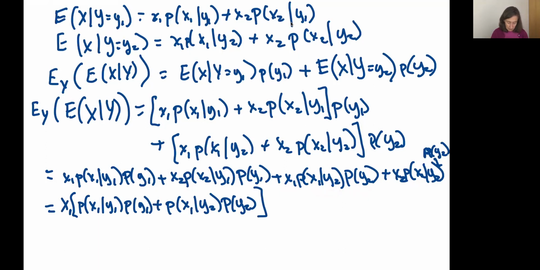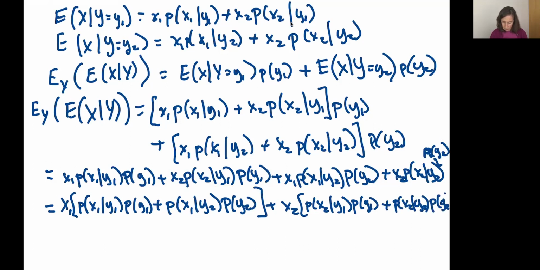Now I've got my x2 terms. Here's one and here's one. Let's do the same thing for them. So x2 times the probability of x2 conditional on y1 times the probability of y1 plus the probability of x2 conditional on y2 times the probability of y2, close my braces.